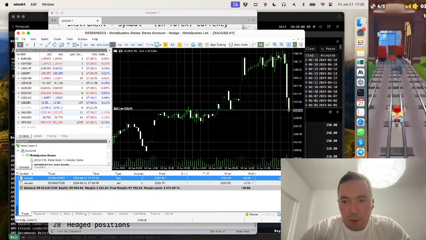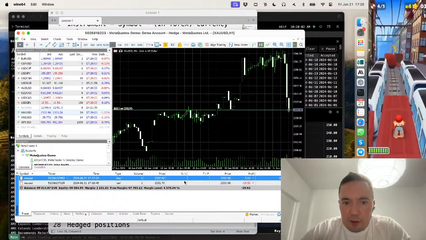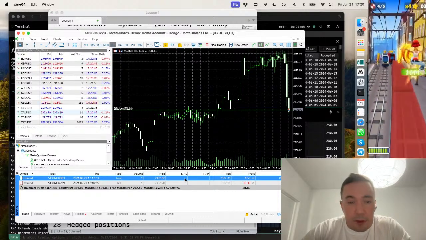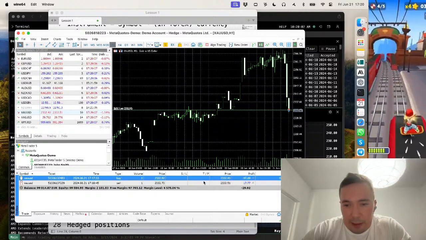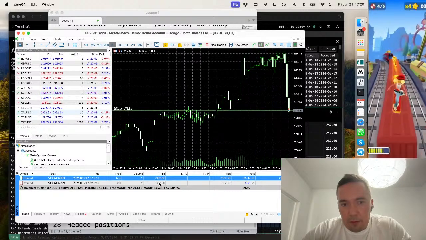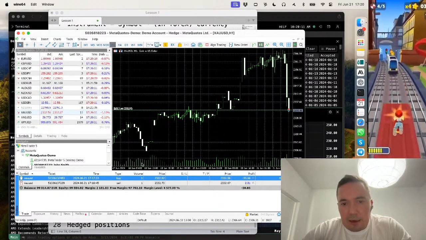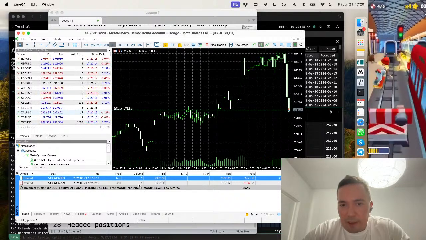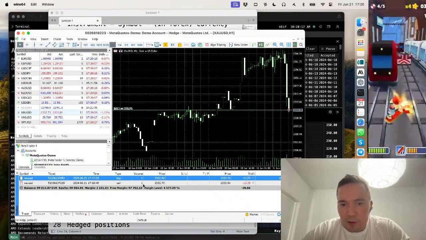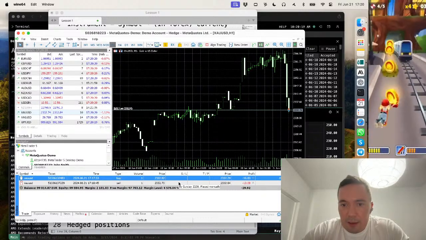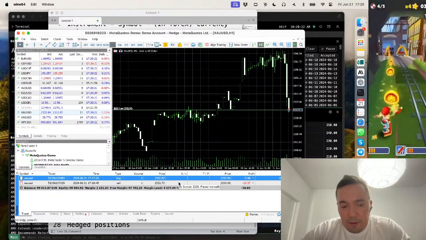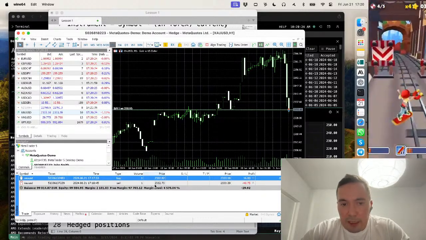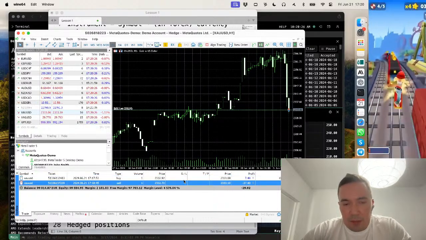So this is one way to use hedged positions. It's just for mental clarity, I think. But overall, technically, a fully hedged position is almost the same as a flat position, apart from the fact that you'll probably pay more money for hedged positions.